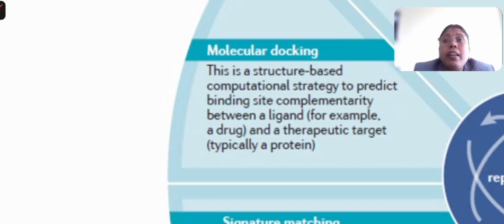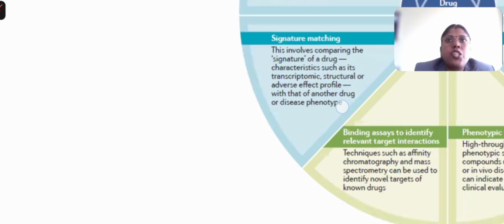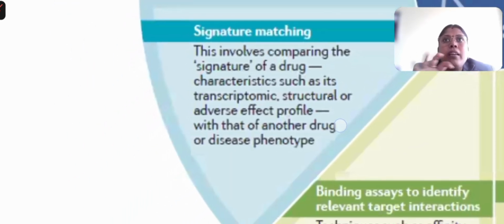Then retrospective clinical analysis. If you have electronic health records, you can monitor the adverse effects and match them, and that also will pave the way for drug repurposing. And signature matching, which may be the transcriptomic association of the drug or disease, or a simple chemical structure, scaffold matching, or adverse effects matching.